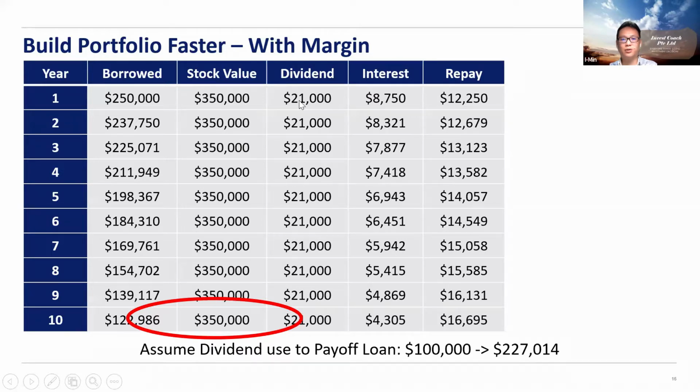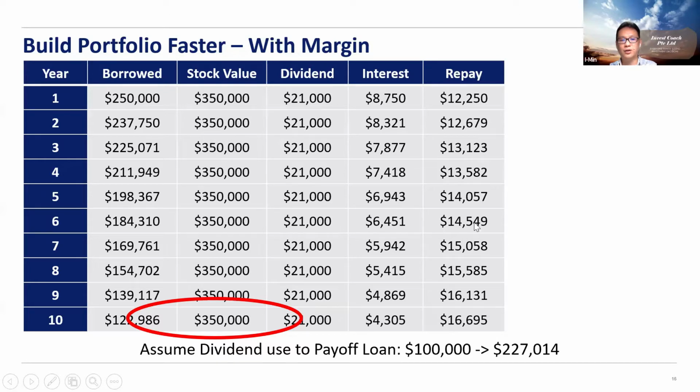And this 21,000, you go and repay the interest, which is 12,250 in total. You look at the mathematics. Then, of course, if you continue, your dividend is always 21,000, assuming 350,000 worth of stock value. You will repay more and more.